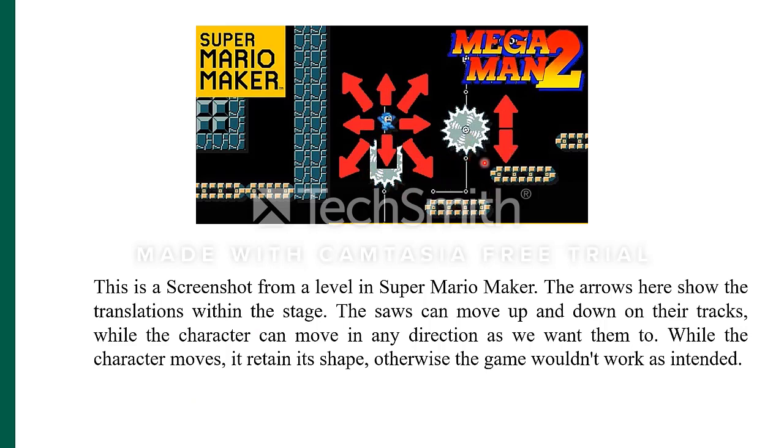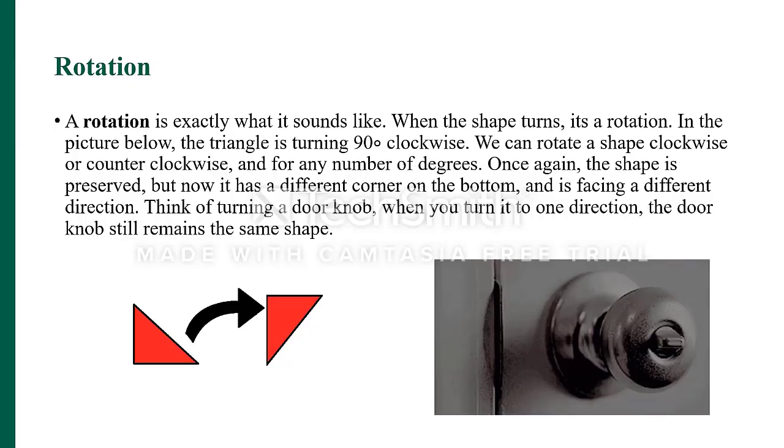These saws can move up and down, and thus Mario can move in any of these directions as shown by these arrows. While this character moves from here to here, it does not change its shape or its size, and it is not rotating through some angle or flipping. So it's just moving from one place to the other. This kind of moving or sliding is known as translation.